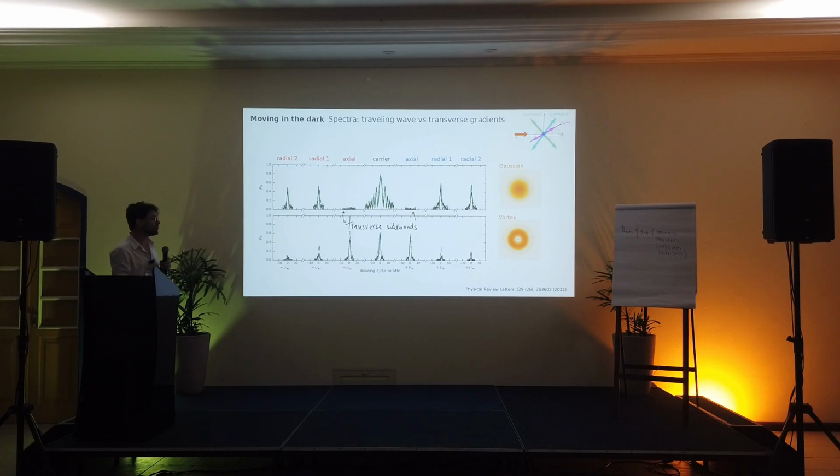What happens if we switch to a vortex beam? We switch to a vortex beam, and now there's a transverse gradient, and what happens? The axial sidebands turn on. You see the two axial sidebands turning on here. The carrier reduces a lot. Why does the carrier reduce a lot? Because in this particular situation, the ion was not made to be sensitive to the gradient, so this should completely turn off, but it doesn't completely turn off because the ion, again, is a wave packet, so it somehow senses a little bit of the intensity on the sides.